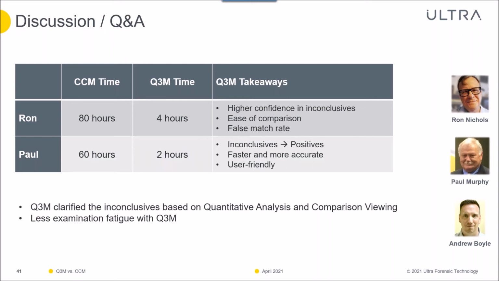No, not at all, because a lot of time when I look at the inconclusives on a comparison microscope, after I've looked at the quantitative value and the images, and I was able to see the images in 3D, I actually went back to the comparison microscope to look at some of my inconclusives, and since I know that they were matching pairs, I was changing lights and angles, and I could see more than I've seen before.